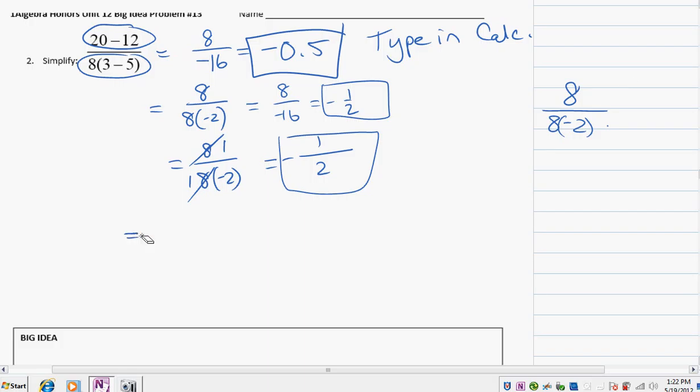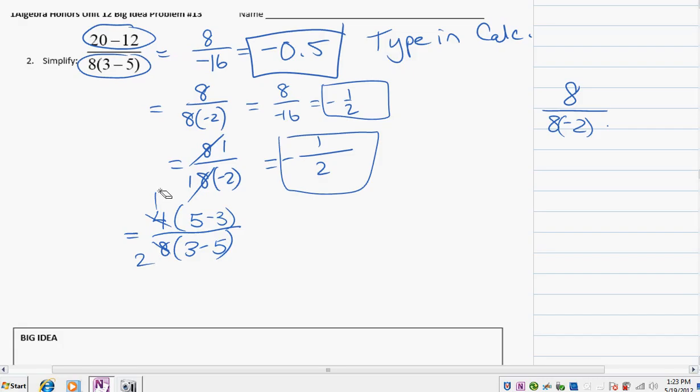Another way to think of this is factoring first. So I'm going to factor out a 4 out of the top, which leaves me 5 minus 3 over 8 times 3 minus 5. Now you might not see any relationship there, except for you could do that and then compute the rest.